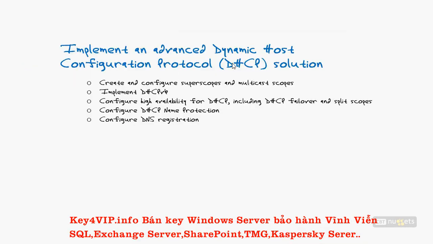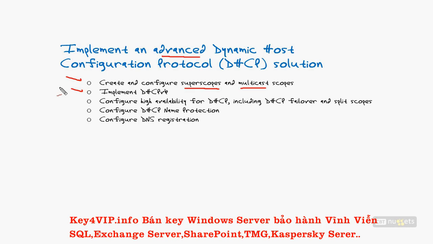So again, DHCP, wonderful solution, one of the most useful solutions that's out there in the world, but at the same time, perhaps not one of the most exciting solutions that is out there. What have we talked about in this nugget? We've talked about some of those advanced things that make up a DHCP solution. We talked about how you might and when you might incorporate superscopes, and the rare chance that you might actually implement a multicast scope. We talked about DHCP v6 and how you can use it, but there is that limitation with setting your default gateway.